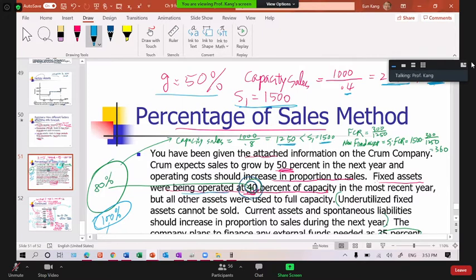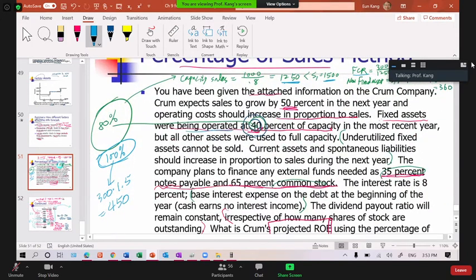So you need this FCR, right? And 100% is the easiest one. Then all you have to do is just multiply by 1 plus G. Everything grows proportionally to sales. Any other question? This is very important. This one is very likely to be on the exam or quiz.